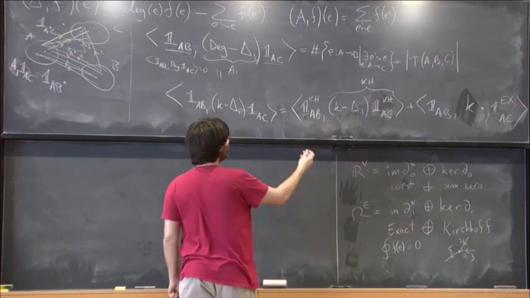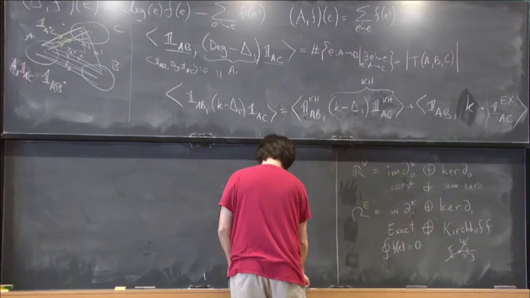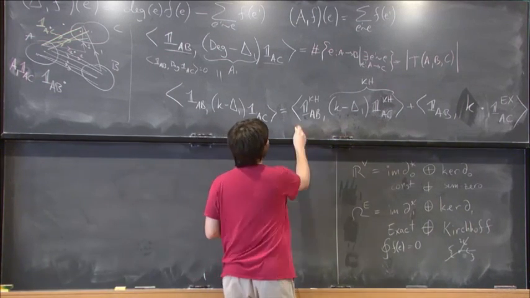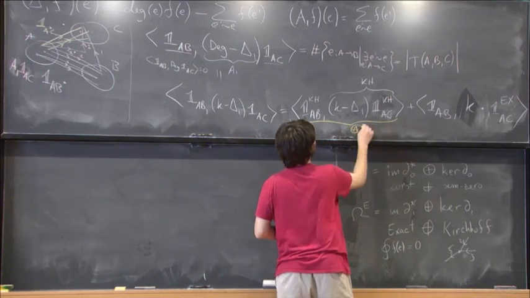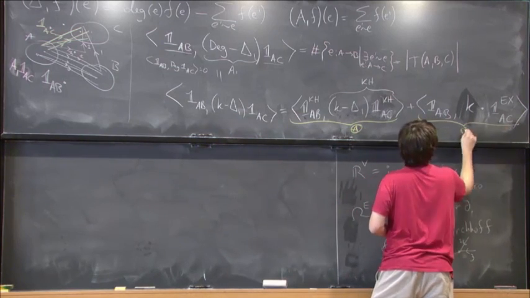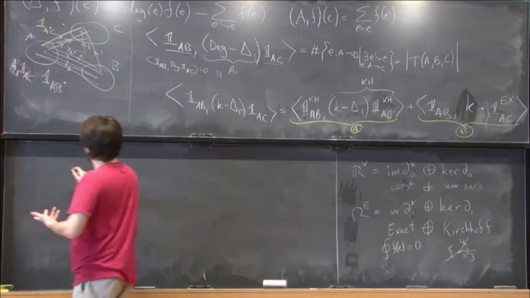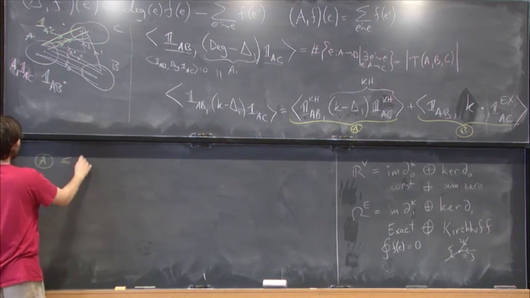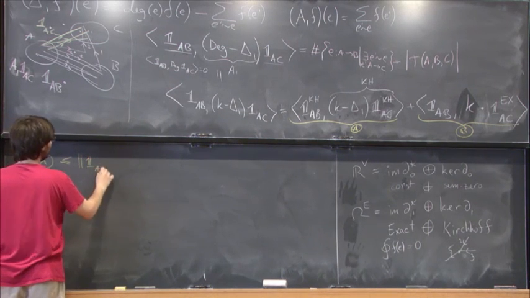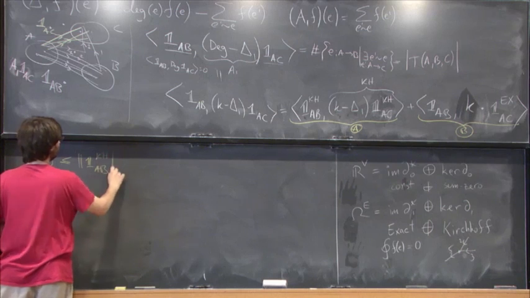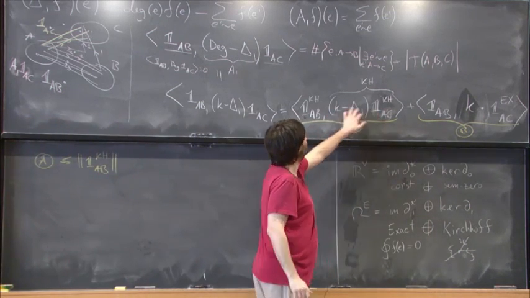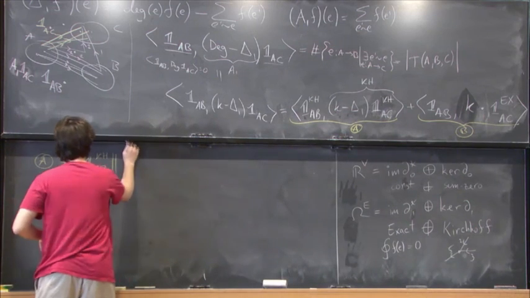Okay, so now let's call these A and B. So A is really easy. Like you said, Avi, this is bounded from below by the norms. And this operator on this space is bounded, its norm is bounded by epsilon.